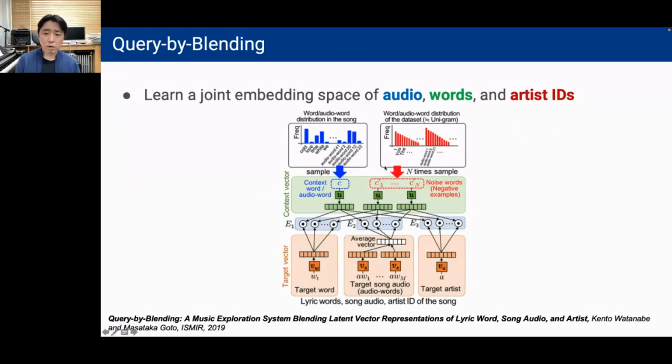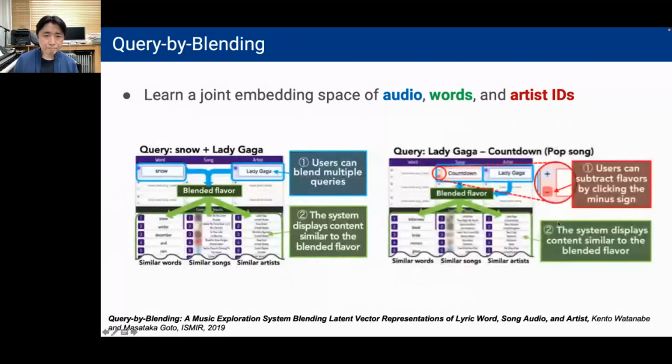Therefore, a single song has a set of words from lyrics, audio, and artist ID, and they form a sentence. Then they applied the word2vec method to learn the blended word embedding.